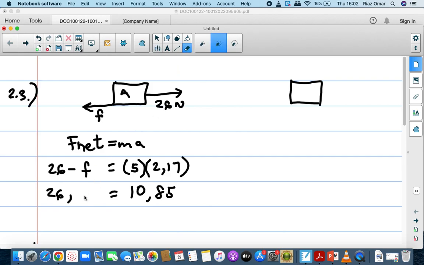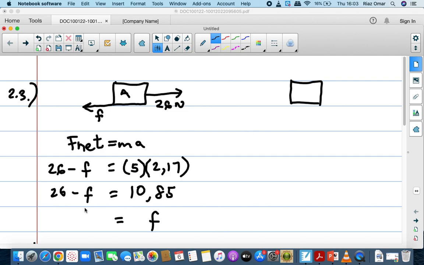Correct. 26. And if you work out F looking at this, if you take F on this side, and 26 minus 10.85 on the other side, we'll get the answer we are looking for.